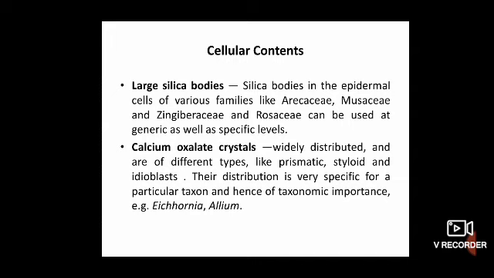They are also widely distributed in plants and are of different types like prismatic, styloid, idioblasts, etc. Their distribution is very specific for a particular taxon and hence of taxonomic importance. Example, Eichhornia, Allium, etc.